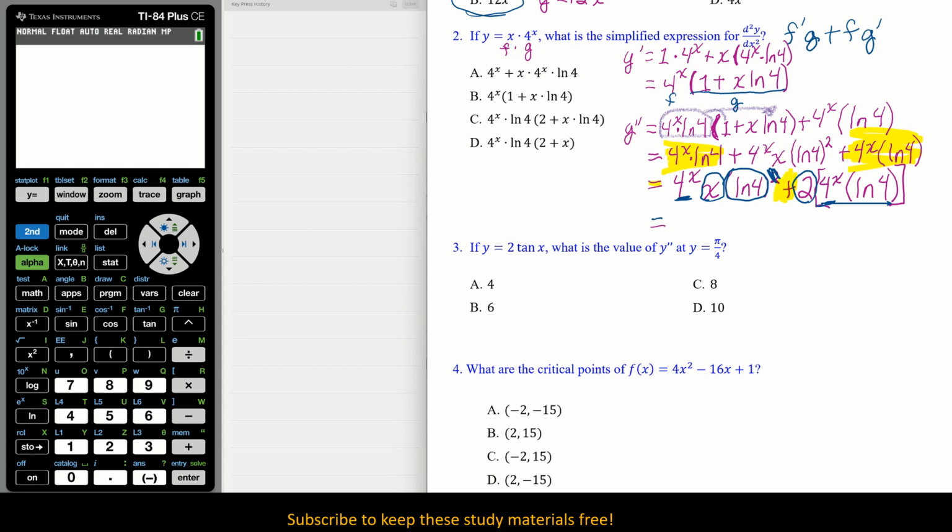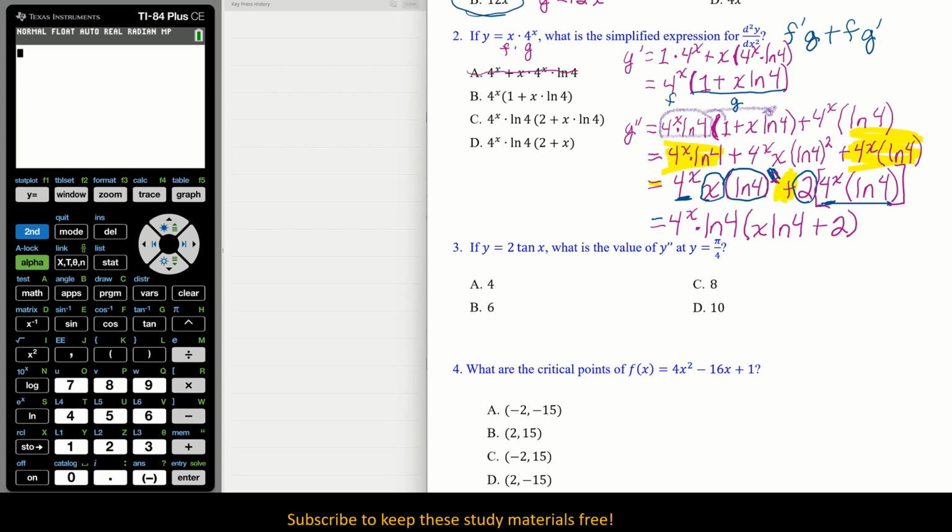That will equal 4 to the x power times ln 4 in parentheses x ln 4 plus 2. Oh my gosh, after all that, is there anything that is similar?